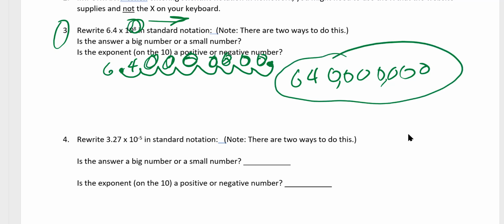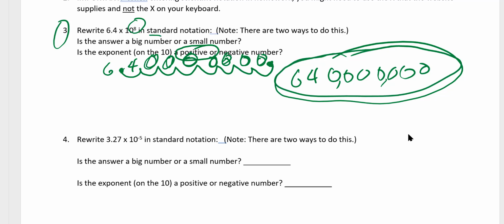So that's what 6.4 times 10 to the 8th is, 640 million. Notice that when my exponent is a positive number, then that thing that I'm given is really something big. So big exponents, positive exponents in scientific notation give me large numbers.